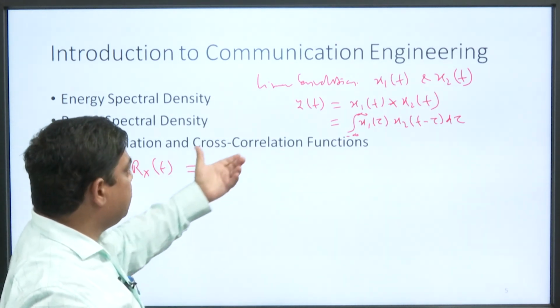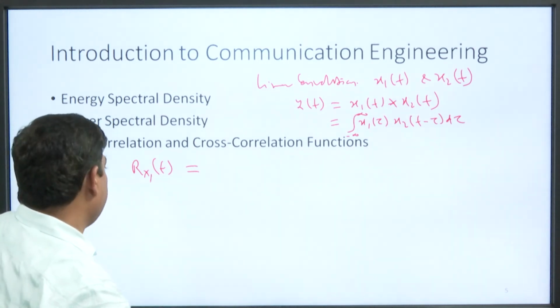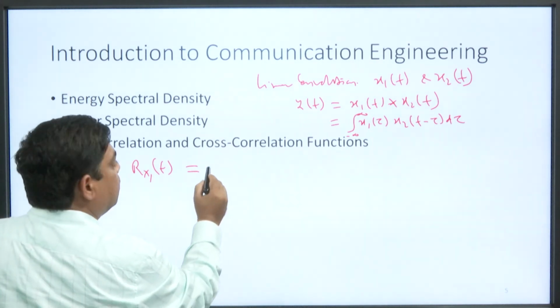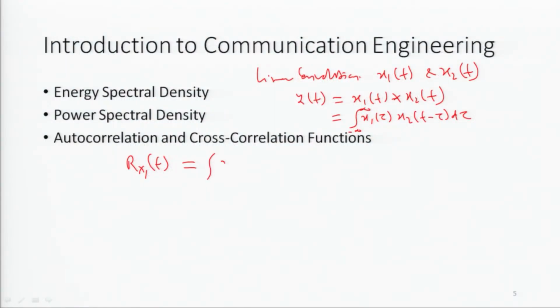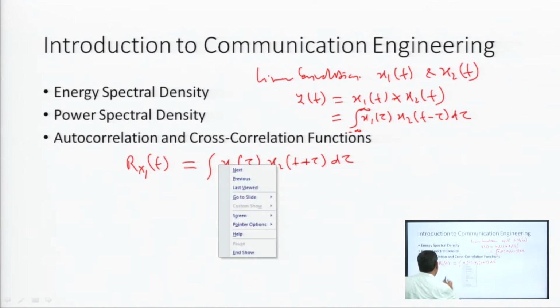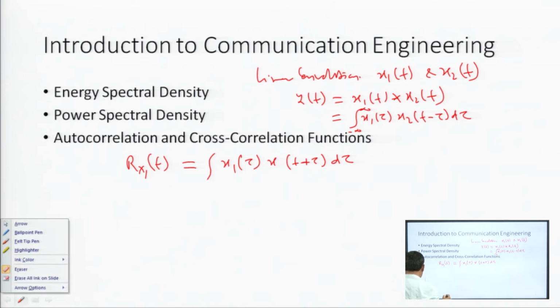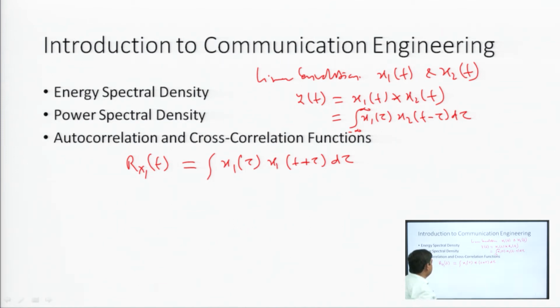If we have to find the autocorrelation of the x1 signal, then Rx1(t) is nothing but the integral of x1(tau) x1(t plus tau) d tau in the complete range; not x2, it is x1. This is the autocorrelation function.